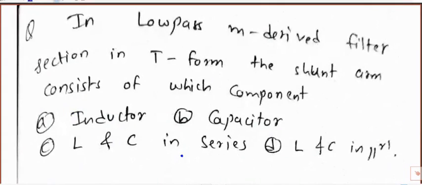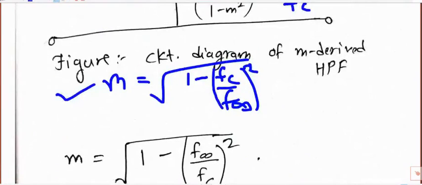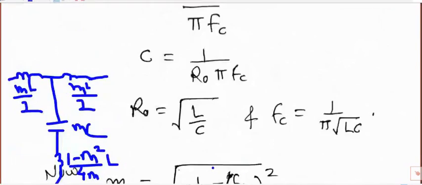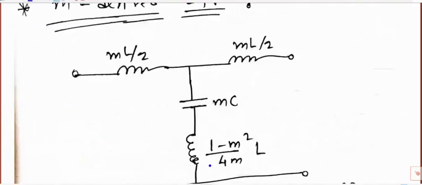Question number 1: in a low pass M derived filter section in T form, the shunt arm consists of what? You should underline low pass M derived. This is the diagram of the M derived low pass filter.